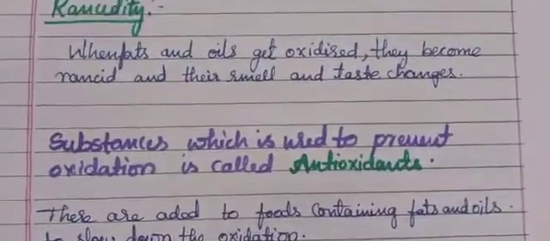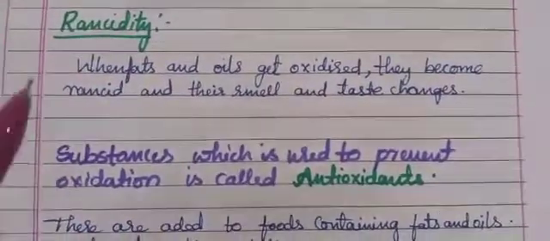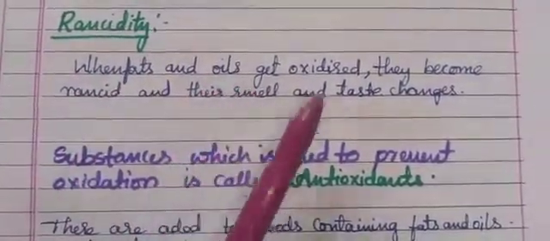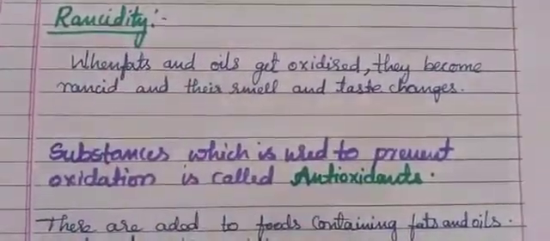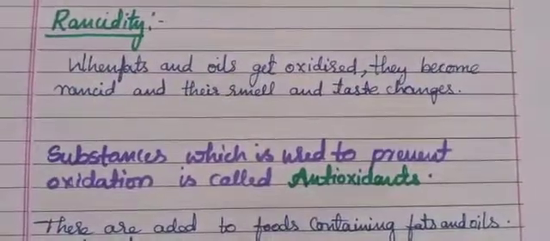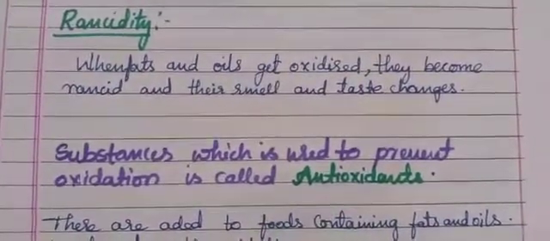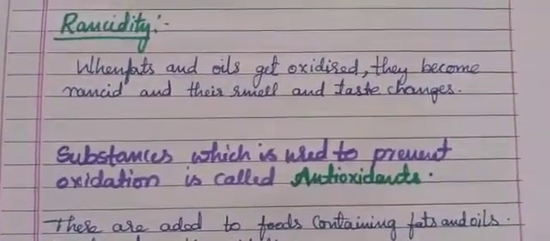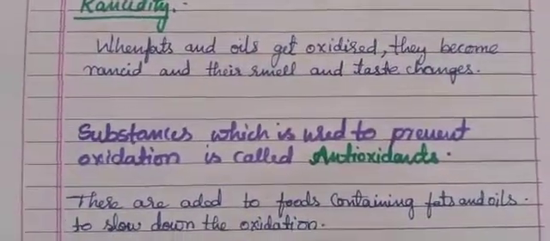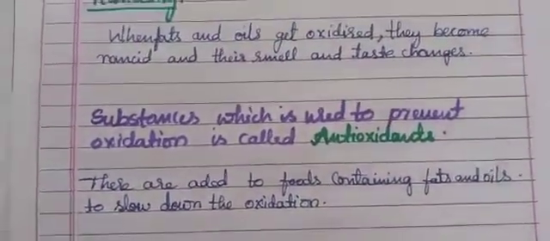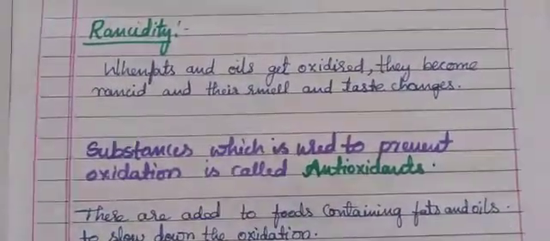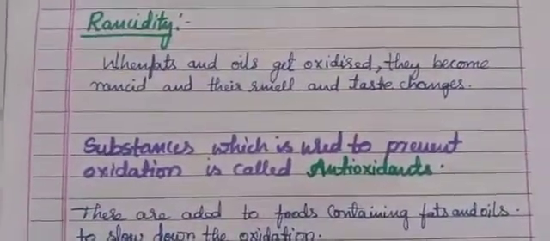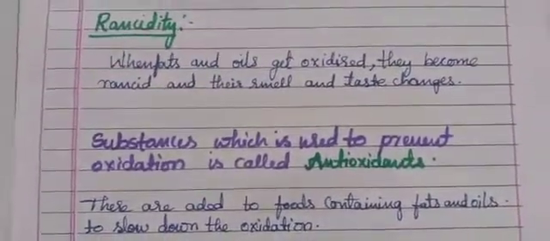So this is about rancidity, and it applies to fats and oils. When fats and oils get oxidized, the smell and taste change. To prevent that, we use antioxidants, and we can store food in airtight containers, right? Manufacturers also flush it with nitrogen gas to prevent oxidation. So this is about the chapter chemical reactions and equations. Thank you everyone.